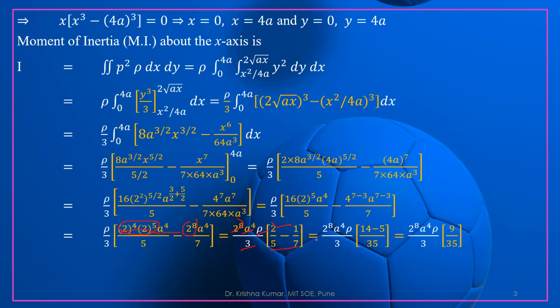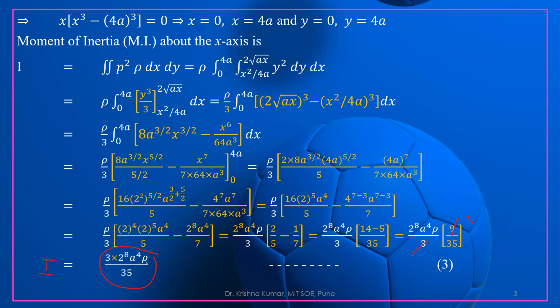So 2 by 5 minus 1 by 7. So we are getting 14 minus 5 upon 35. So 2 to the power 8, a to the power 4 rho upon 3, 9 upon 35. So again, if we cancel it, this 3 into this will cancel. So we are getting 3 into 2 to the power 8, a to the power 4 rho upon 35. So this is the value of the I, moment of inertia.